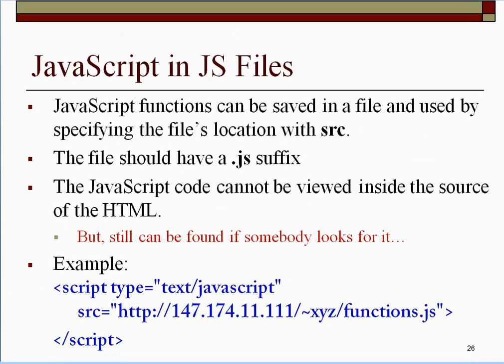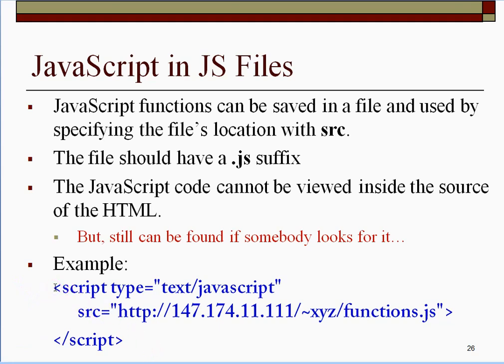If you choose to put JavaScript in a .js file so that you can use that JS file as a library, then in order to use that file, you have to import it using a source attribute. So the way you use it is like this, for example.